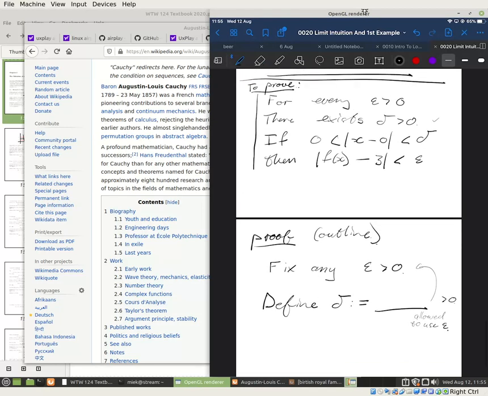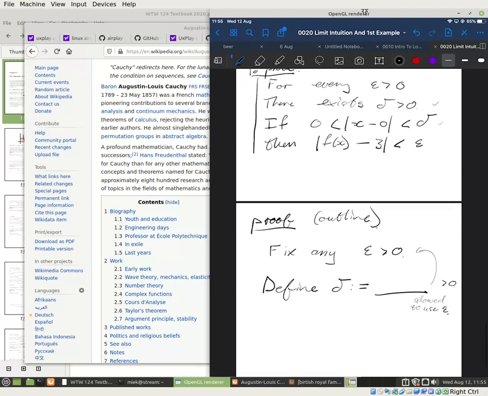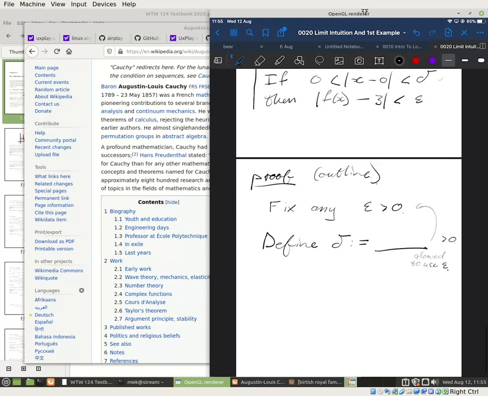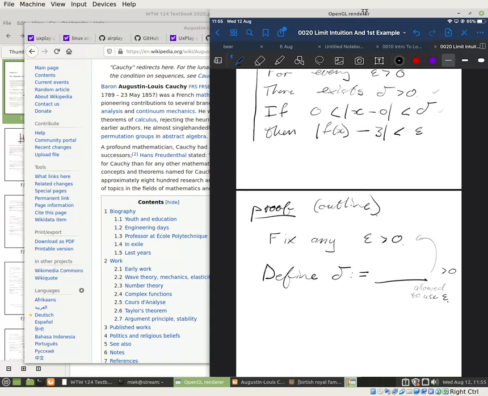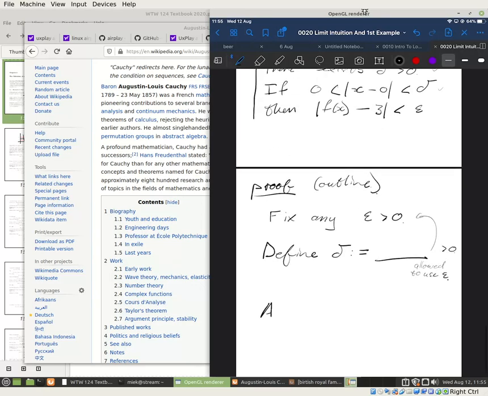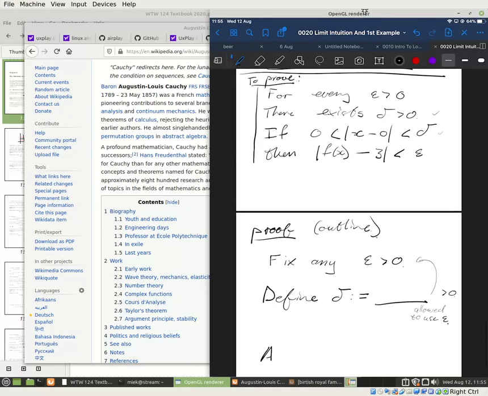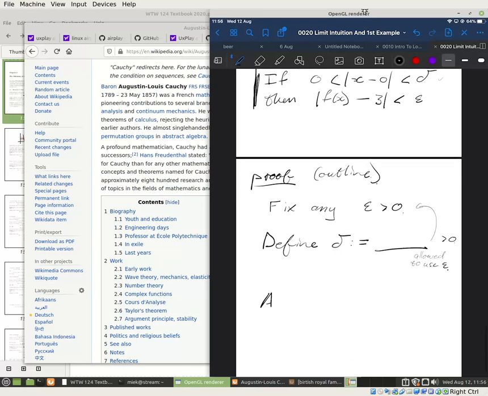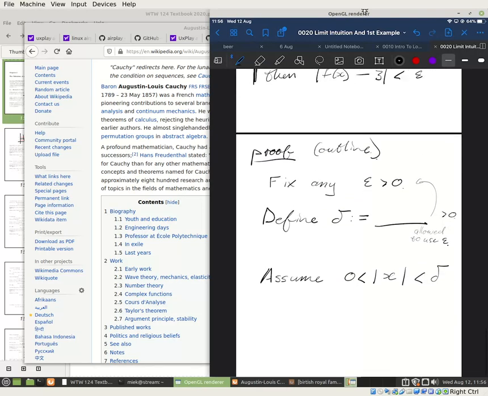Now we want to show that if absolute value of x minus 0 is less than delta, then absolute value of f of x minus 3 is less than epsilon. We want to prove this implication, so we assume the hypothesis, assume that 0 is less than absolute value of x minus 0 less than delta.